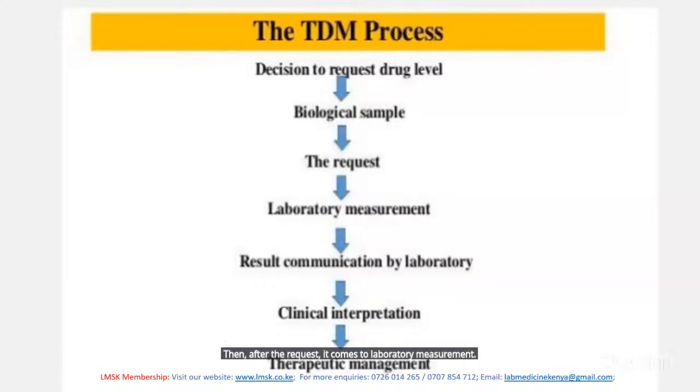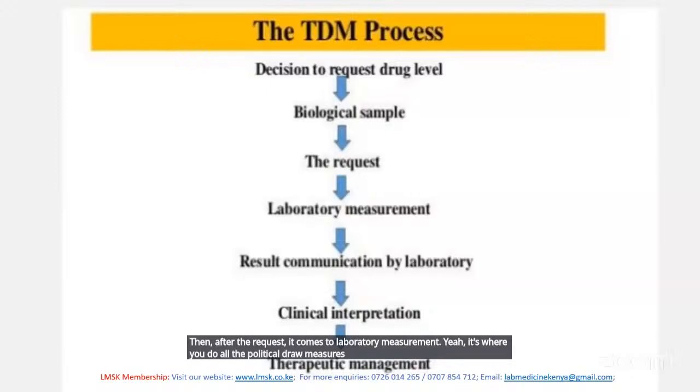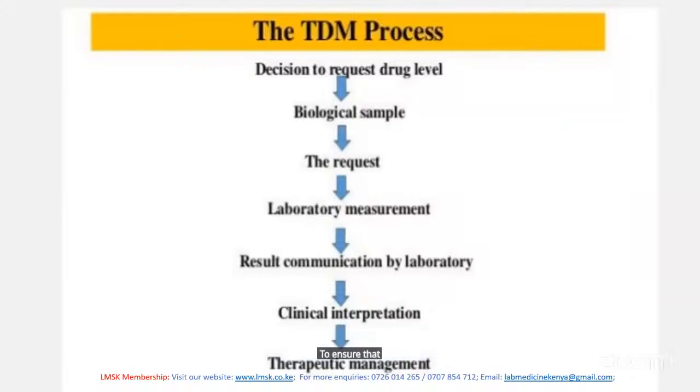Here is where you do all the quality control measures to ensure that your lab results are as accurate as possible. Then there'll be communication of these results by the lab. Drug reporting is slightly different from the rest of reporting, because one of the things that should happen is that the previous results should be there, and we'll enumerate more about that.